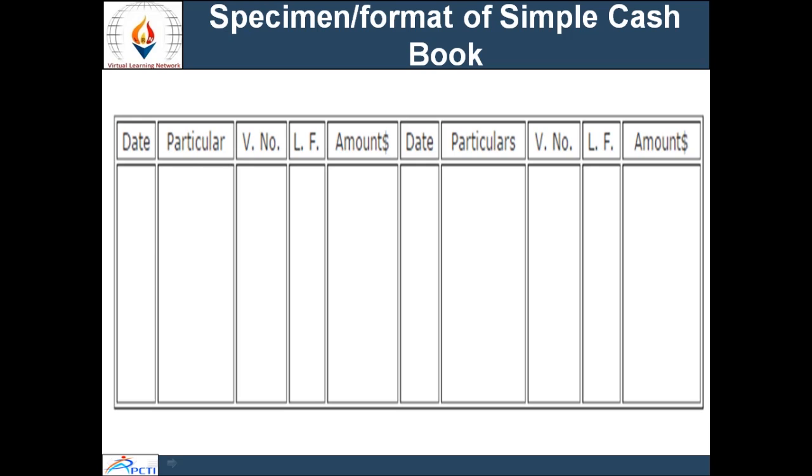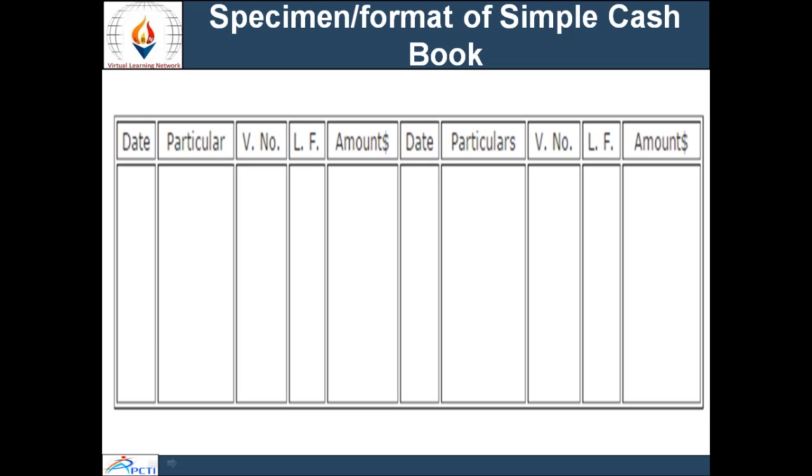Next one is ledger folio, LF. The page number of the ledger where the concerned opposite account has been opened is written in this column. This will help to locate the account from the ledger. It may be noted that in a journal it is written as reference, while in a cash book LF is written.